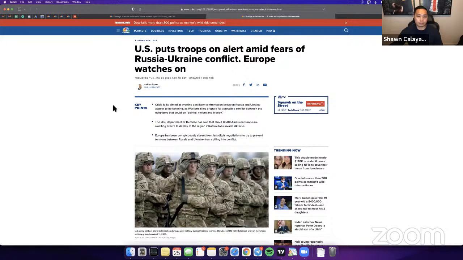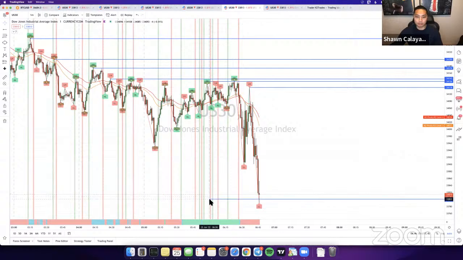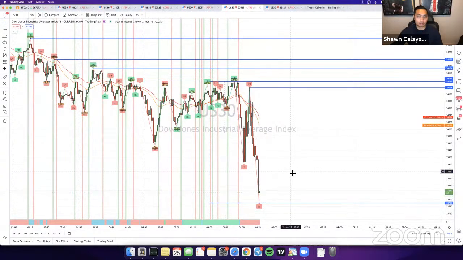If this happens and we actually get involved, then obviously the market's going to drop even lower. So if we had something like that, or we had some COVID news, we would chase these sells, kind of similar to what happened with COVID. If you guys traded with me when COVID first started, we were taking sells. There was no entries available. We just basically took these high lows when they broke below, and you just make instant money that way.